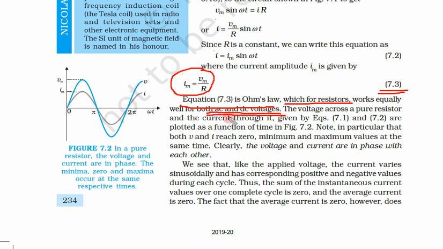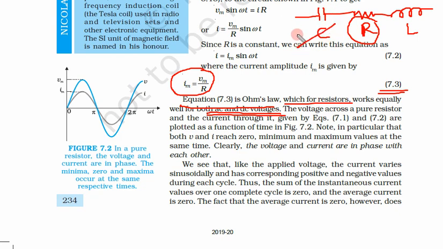There can be three types of components in a circuit: capacitance C, resistance R, and inductance L. Ohm's law is equally valid for a resistance, only a resistance. When we put a resistance in a DC or AC circuit, this will not make any change to Ohm's law.